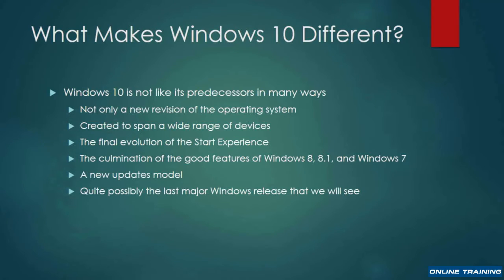We also have a new updates model. A new updates model we'll look into in just a second, but essentially when I say that this is quite possibly the last major Windows release we'll see, what I mean is that incremental updates are going to come instead of whole operating system updates. Right? This is just the word out on the street at this point, but we're not supposed to be expecting a Windows 11.